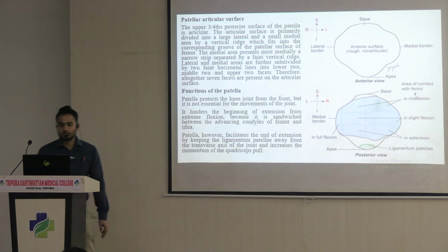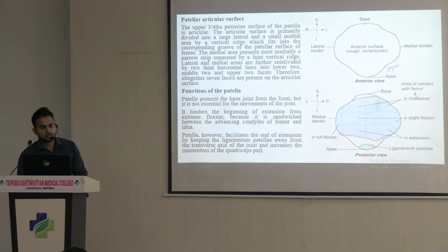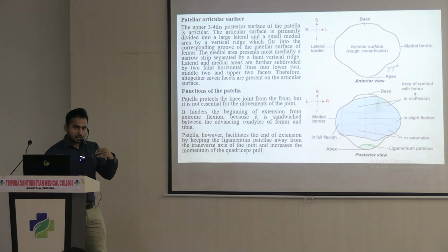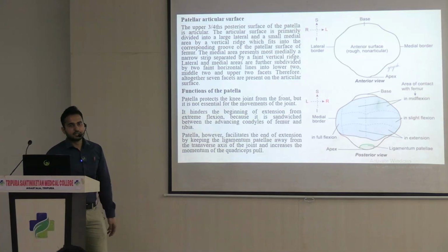Then you will know that the upper 3/4 of the posterior surface of the patella is articular. Okay? Now it is divided by a vertical ridge into a lateral area and a small medial area, and then another faint vertical ridge and two horizontal ridges, which divide the patellar articular surface into 7 different areas.